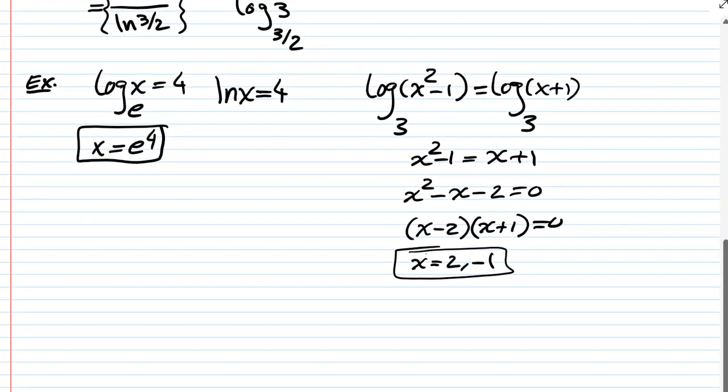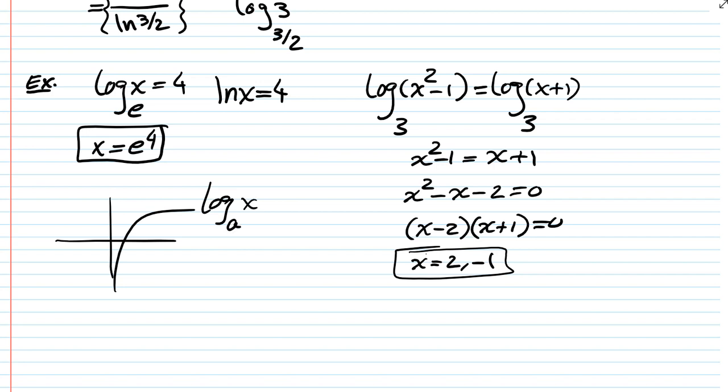But when it comes to logarithmic equations, because of all the manipulations that we do throughout, we need to check the solution to every logarithmic equation. Okay? And what we're checking is whether we are in the domain of a log or not. If you recall, the domain of all logarithms, if you look at the graph, for example, this was the graph of log base a of x.